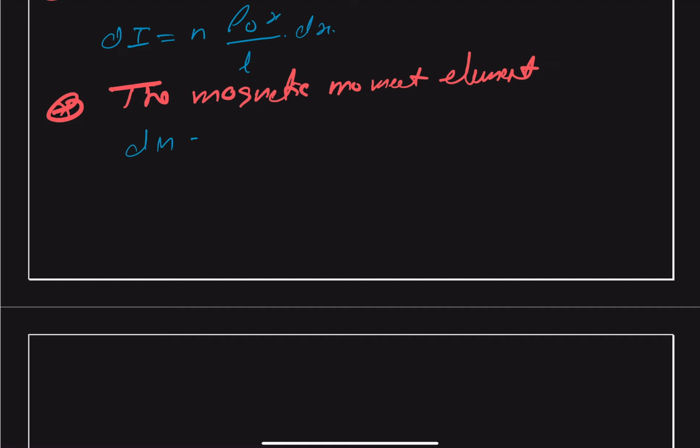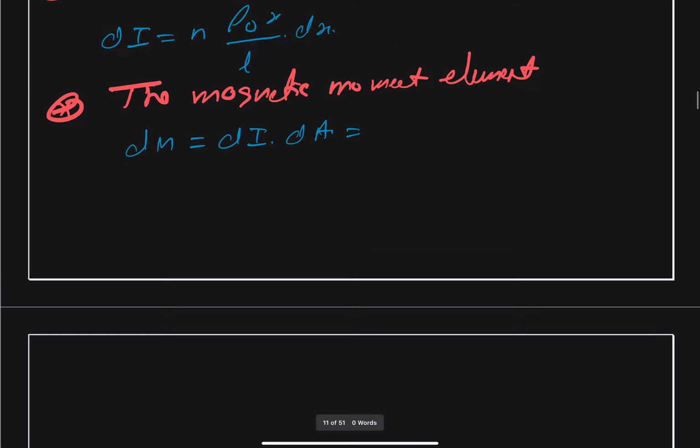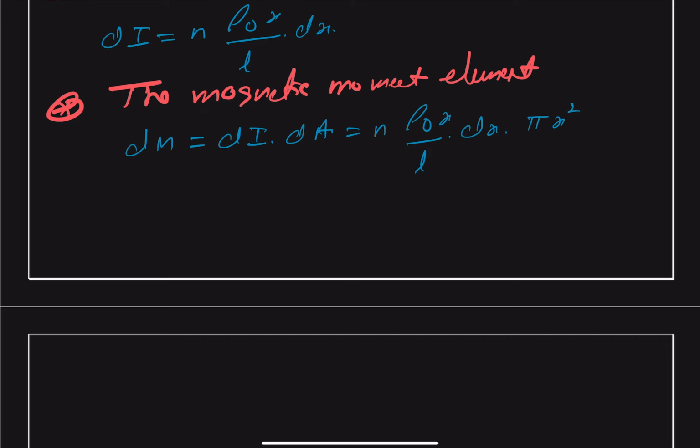So the dm will be equal to di times dA, and di we just found out is n rho naught x upon L times dx, and our area is pi x square.